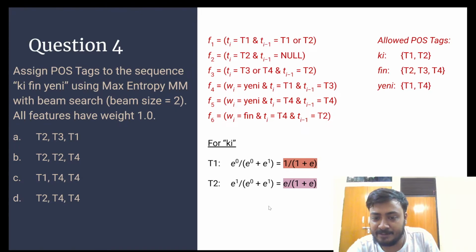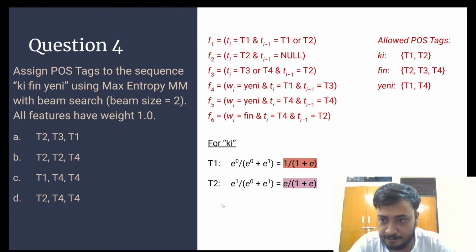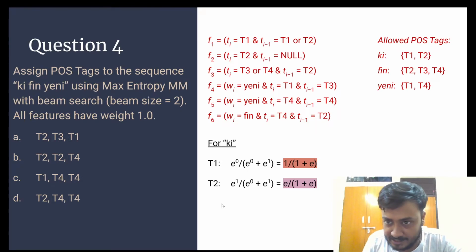So beam size means at every point we have to consider the two highest values. In this case we only have two values. Suppose there was another one, t3, then there would have been three values, and we would have chosen just the two maximum values to carry forward to the next step. Okay, so what is this next step? Let's go to it, then we will be clear.